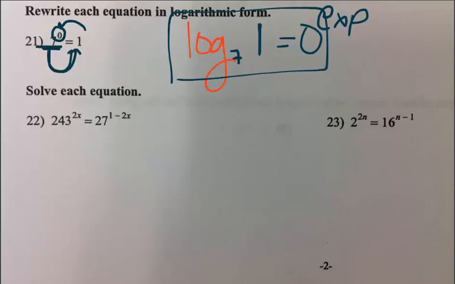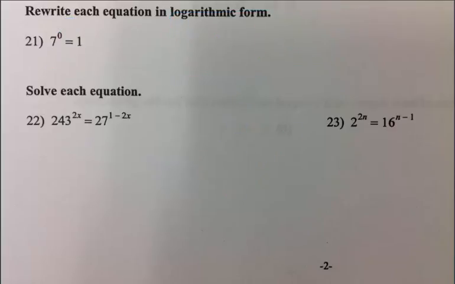There's your base of this equals this. We can go back and forth, make it work out. If you want to make sure you're right, you could type log base 7 of 1 into your calculator and make sure that it equals 0. You could type it in, and it would work out. Those are some little tips that we can think of, but doing the switch helps quite a bit.